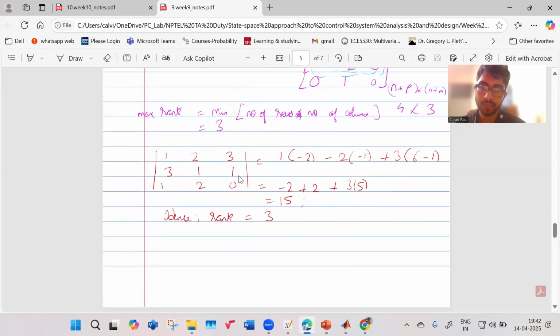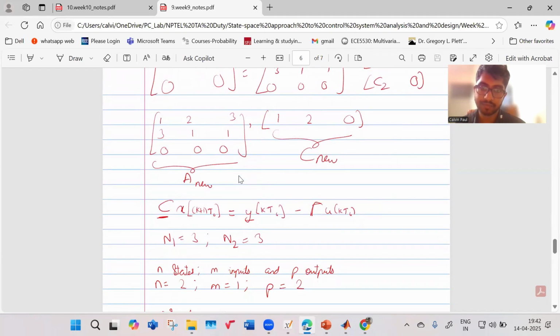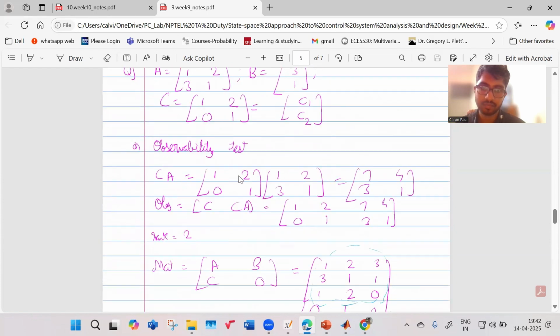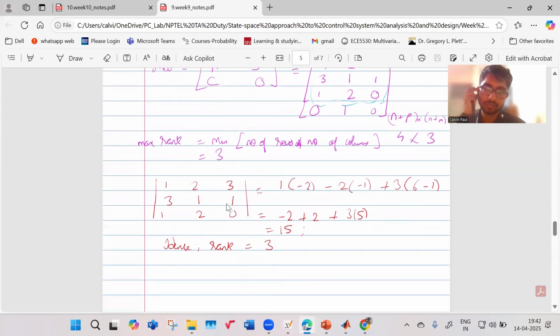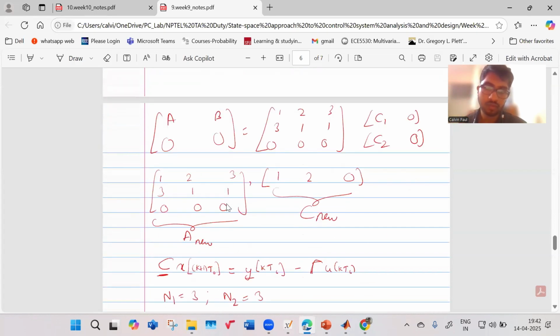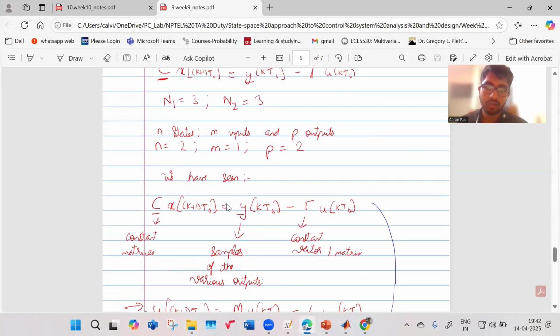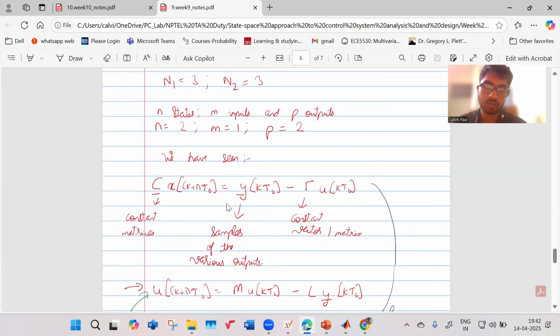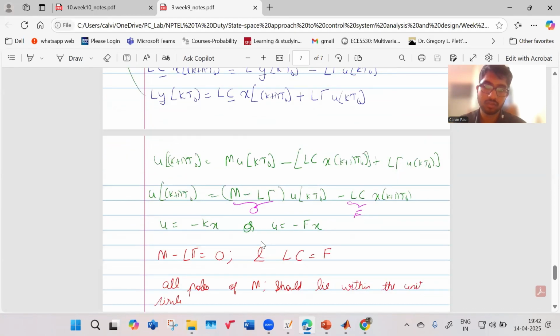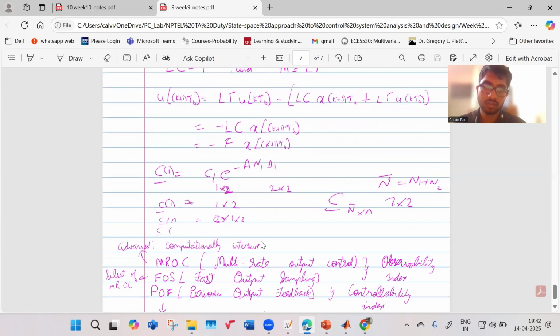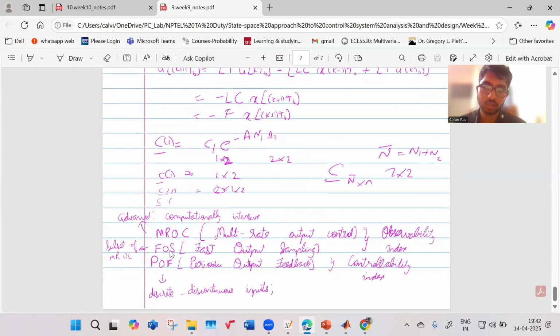You can find observability, the samples of the various outputs, multi-rate output controller, FOS, fast output sampling.